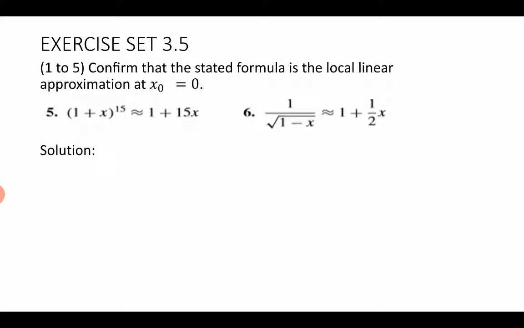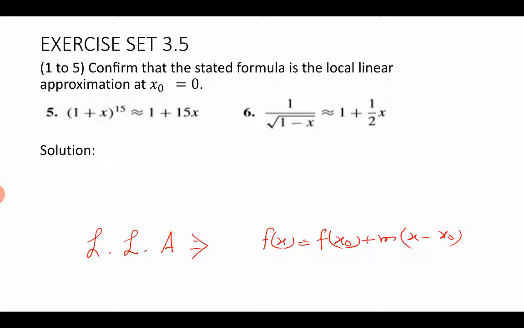So remember one thing here, when we are looking for local linear approximation, the formula that we are going to use is f of x is f of x0 plus m times x minus x0, which is from the equation of the tangent line.